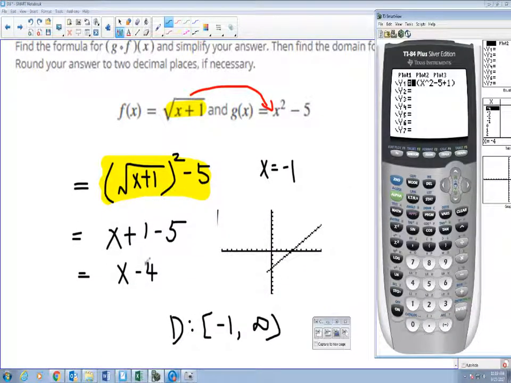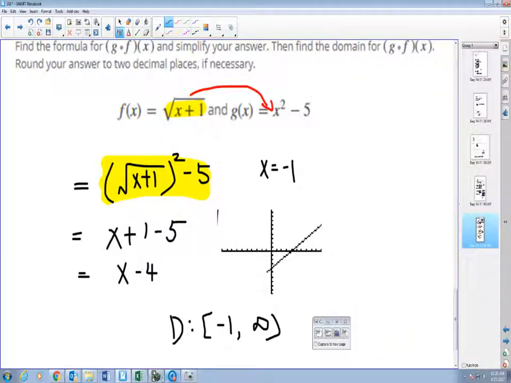If you graph this problem by looking at the final answer, you will never notice it's not completely a straight line. So make sure when we do domain and range for a composite function, graph the composite function you first set up before you simplify it. That will give you the more accurate domain for the function.